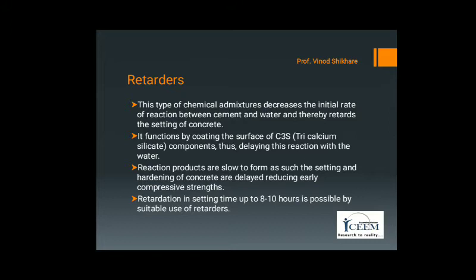At normal temperatures, addition of sugar 0.05 to 0.1% has little effect on the rate of hydration, but if the quantity is increased up to 0.2%, hydration can be retarded to such an extent that final set may not take place for up to 72 hours or more. Skimmed milk powder has a retarding effect mainly due to sugar content.